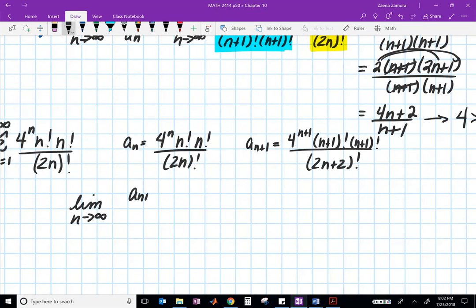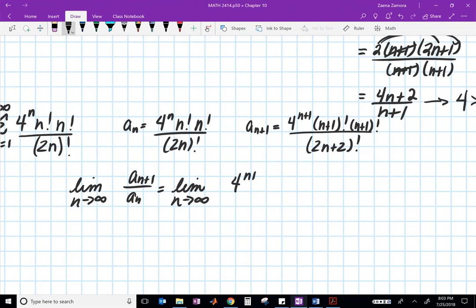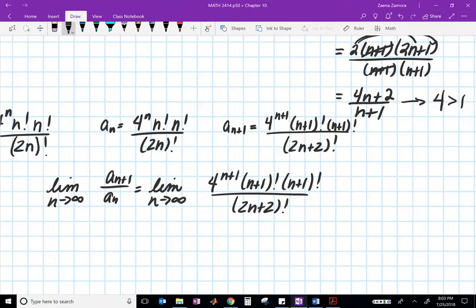All right, a sub n plus 1 divided by a sub n. So it's going to be the limit as n goes to infinity. My a sub n plus 1 is this whole thing, and then multiply it by the reciprocal of a sub n.